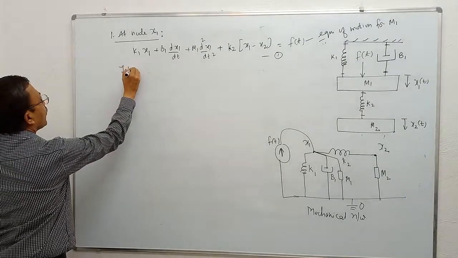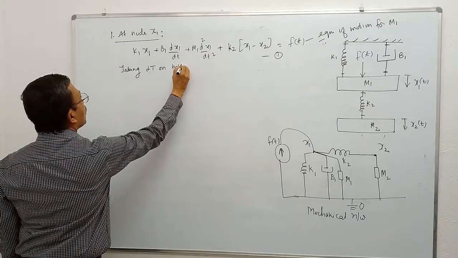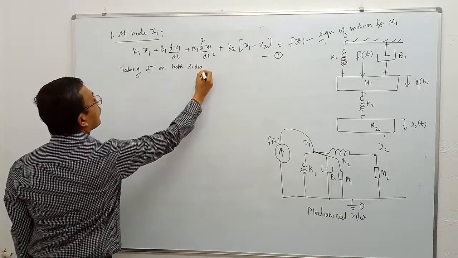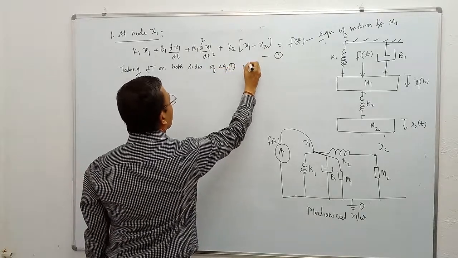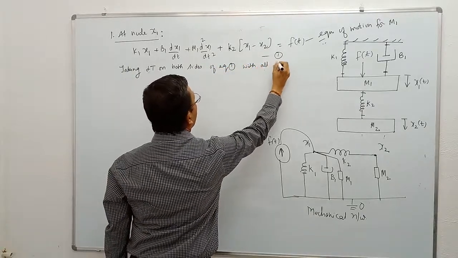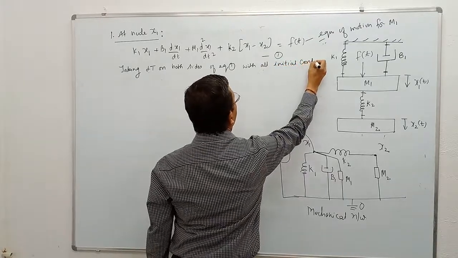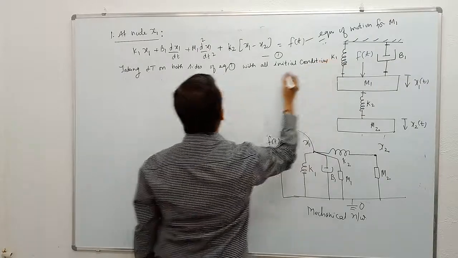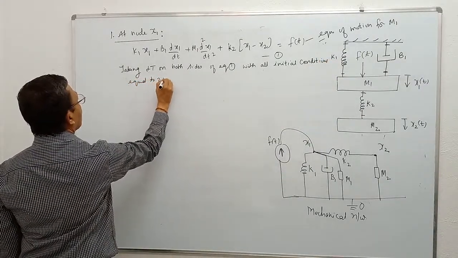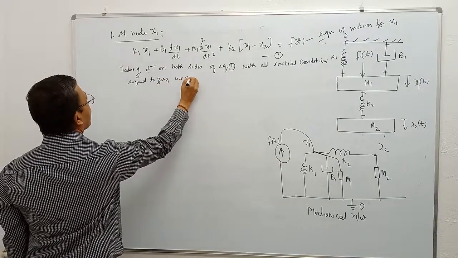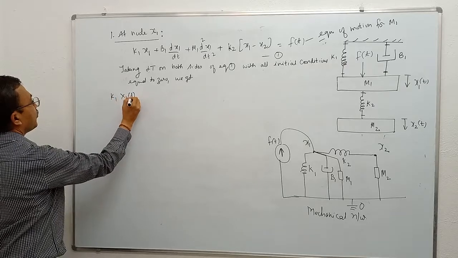Taking Laplace transform on both sides of equation 1 with all initial conditions equal to 0, we get k1 into x1 of s.